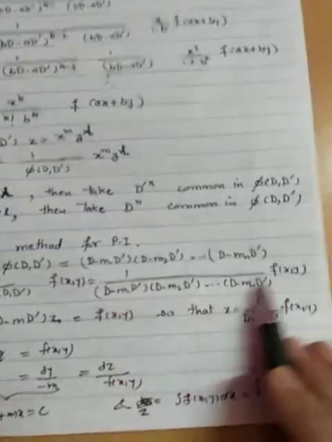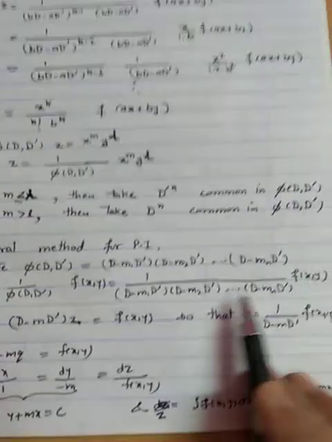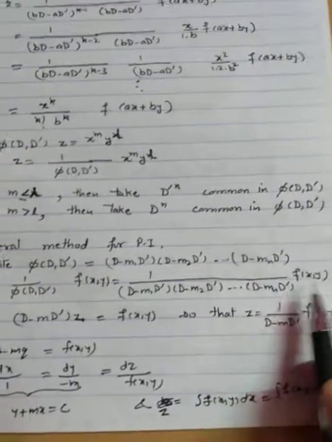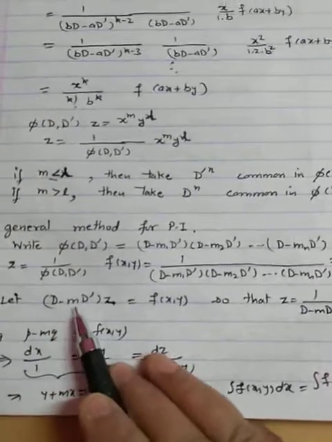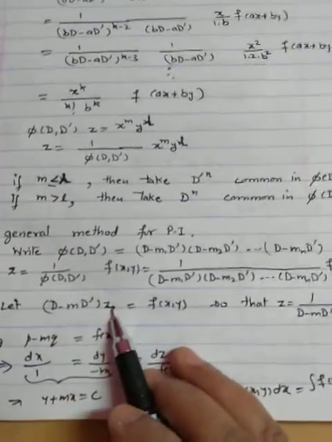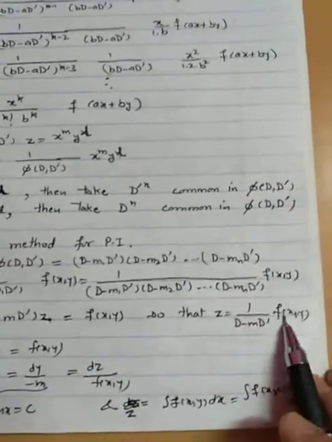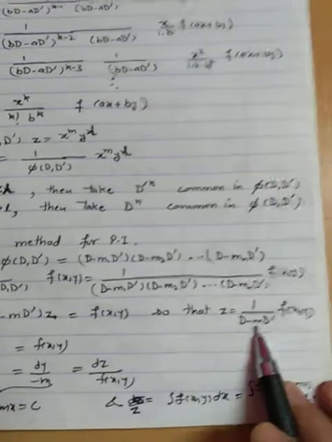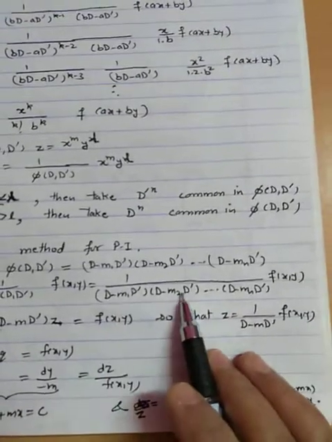So first we will compute 1 upon (D minus mn D') of this. So in general, let me compute (D minus m D') z equal to f(x,y), so that z is 1 upon (D minus m D') f(x,y), and then we can give different values to m. We can put m equal to m1, m2, mn.